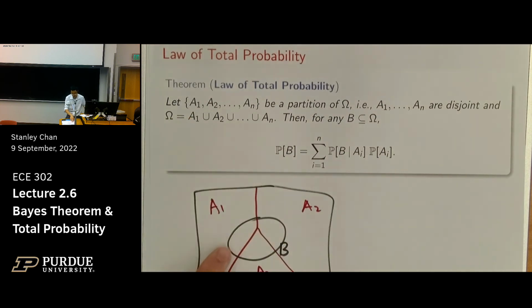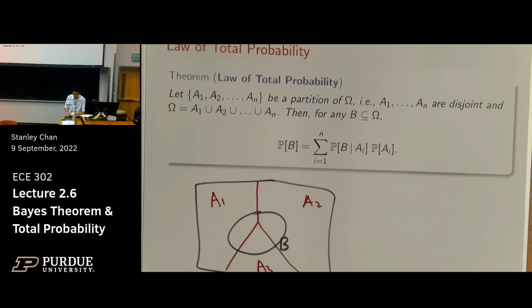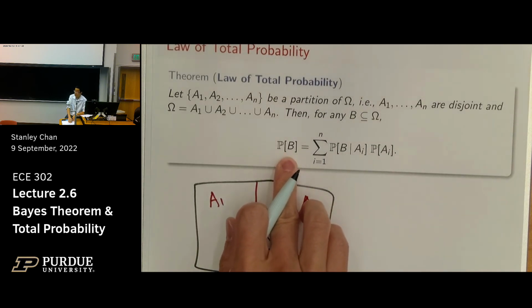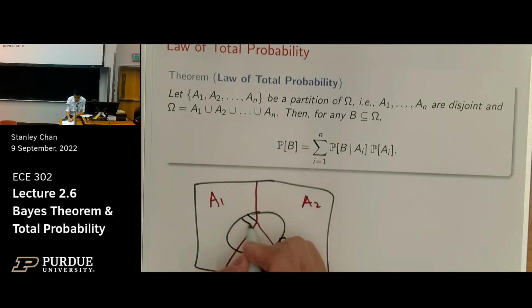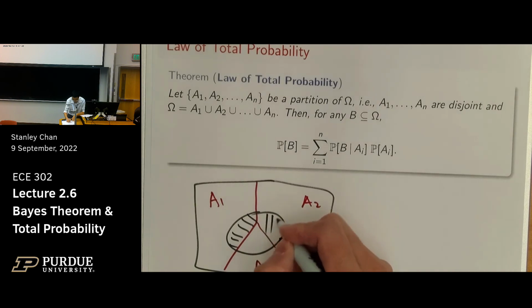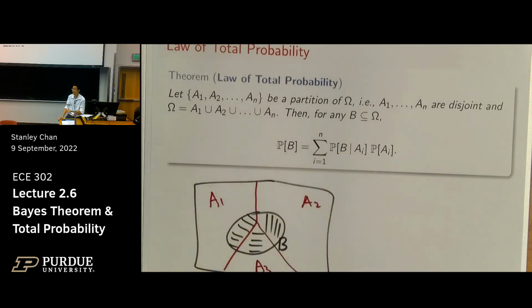And so here is the picture. What this theorem says is this: the probability of B is just the probability of B inside A1, plus the probability of B inside A2, plus the probability of B inside A3. It is this, meaning, on the right-hand side.